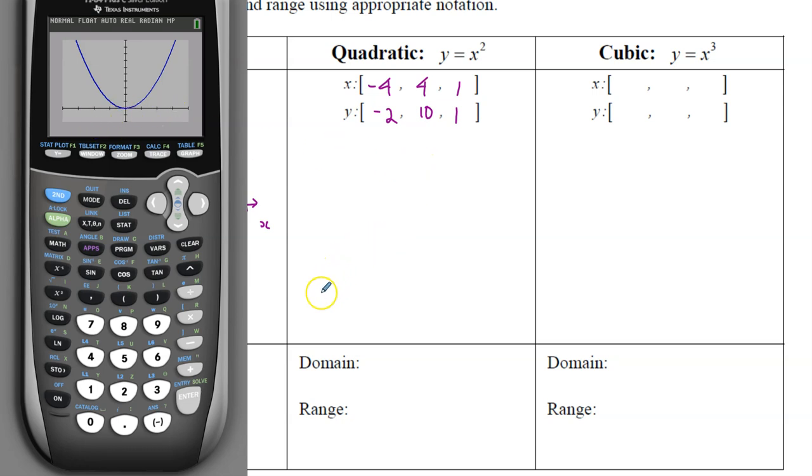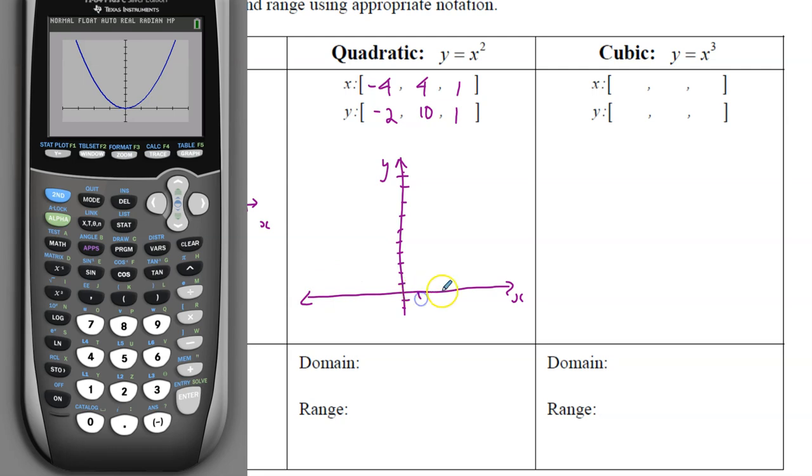So let's sketch this out. Let's start with the axis. And again, I should be putting 1, 2, 3, 4, 5, 6, 7, 8, 9, 10, should be putting 10 ticks everywhere.